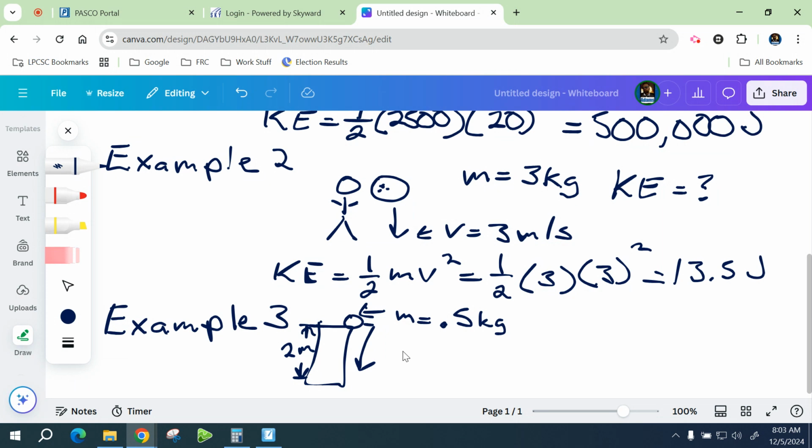gravity is going to pull it down, so the acceleration due to gravity is 9.8 in the negative direction. But we're not going to worry about the negative sign right now. And it says how much energy is in the brick just before it falls? In other words, what is the potential energy of the brick, or I mean, not brick, marble.